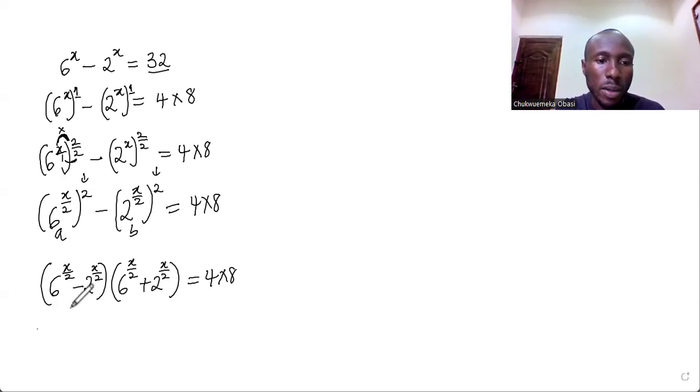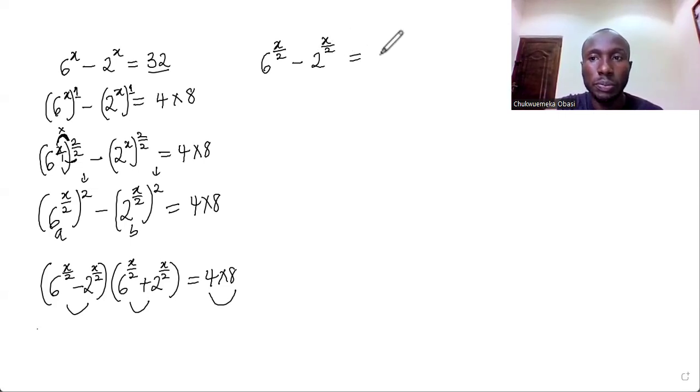Now, this product times this product gave us this product, so we could pair them up and equate them from here. We could say 6 to the x upon 2 minus 2 to the x upon 2 is equal to 4, and 6 to the x upon 2 plus 2 to the x upon 2 is equal to 8.